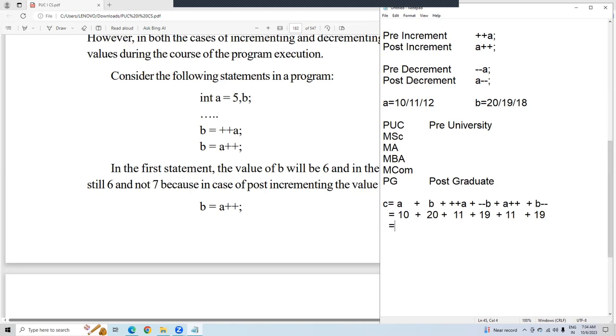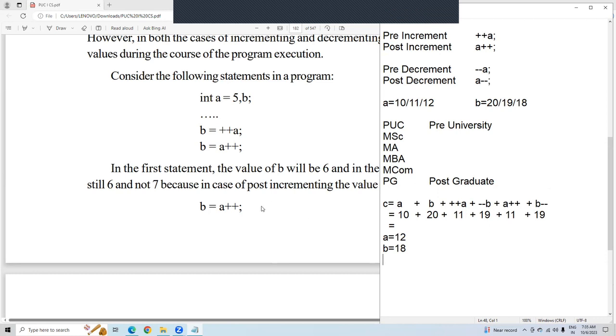Otherwise, you calculate the entire result, which becomes the value of c, and the final value of a after this equation was 12 and b was 18. This is how the increment and decrement operators work. So recheck this part once again to have a perfect concept.